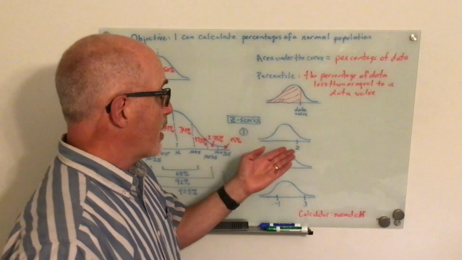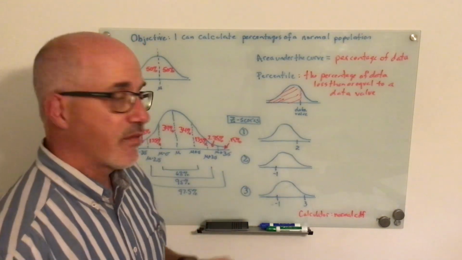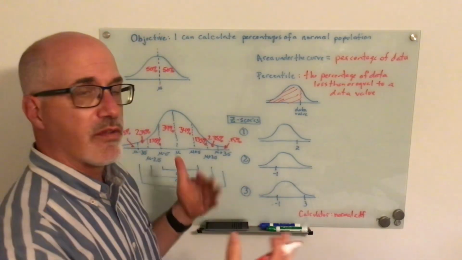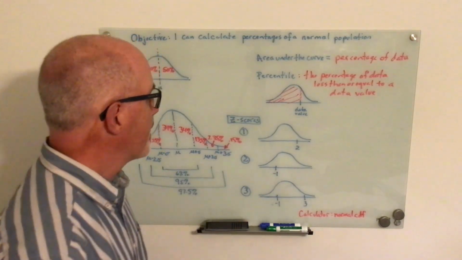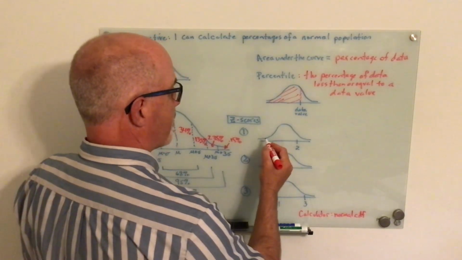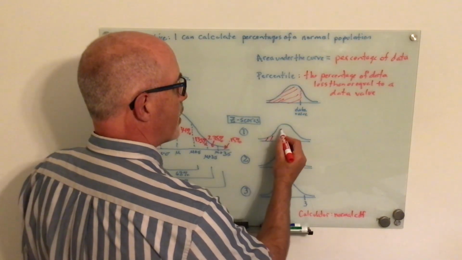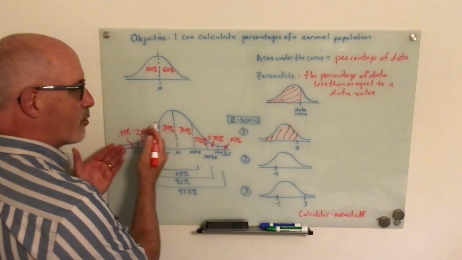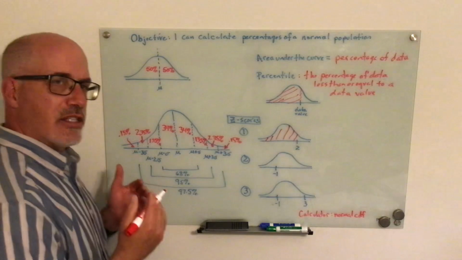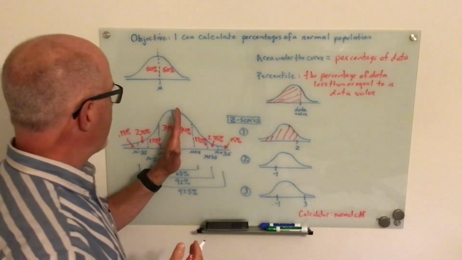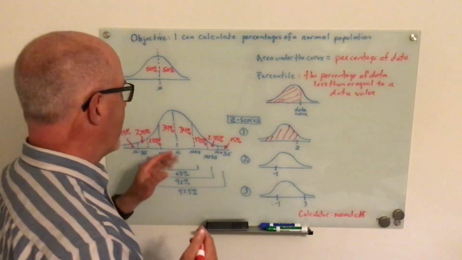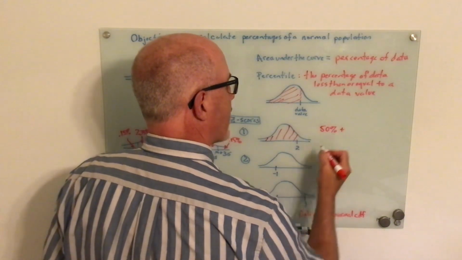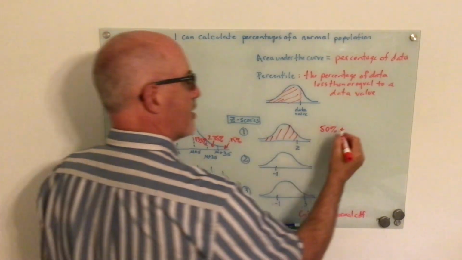Now, if we were talking about, for instance, 2 standard deviations above the mean, so here we're going to talk about z-scores. So z-scores represent the number of standard deviations above or below, positive above, negative below the mean. If we're talking about the amount of data in this region over here, what we have to do is add up all of these regions from 2 down. Now, let's be strategic about this. From the mean down is 50%. So I'm going to start here and just say 50% of the data to start with, plus I'm going to add this 34%.